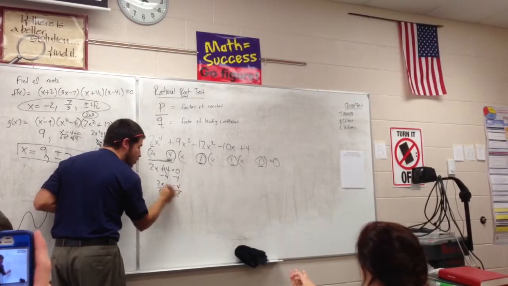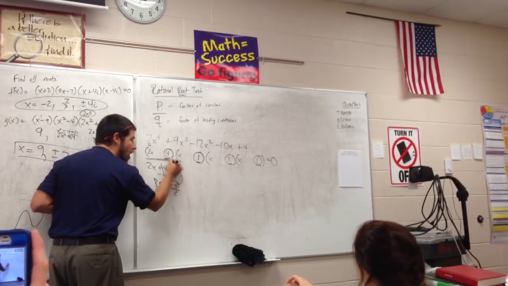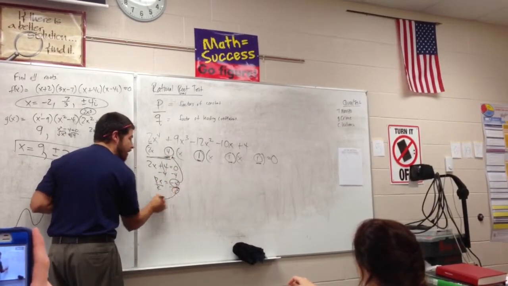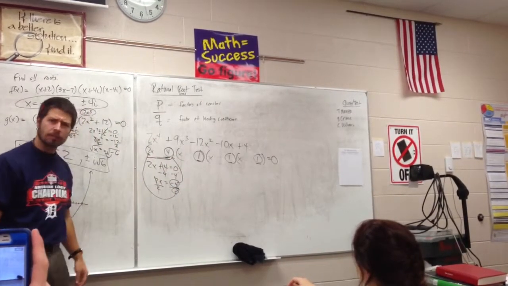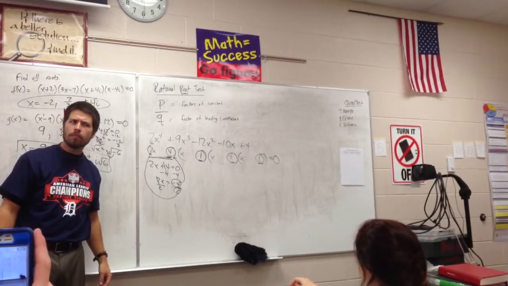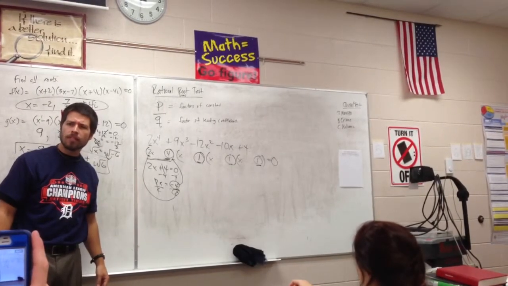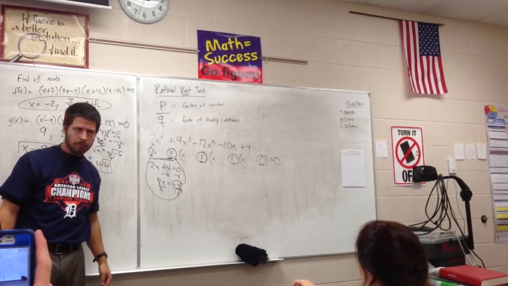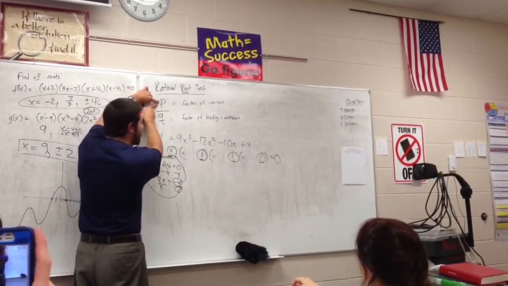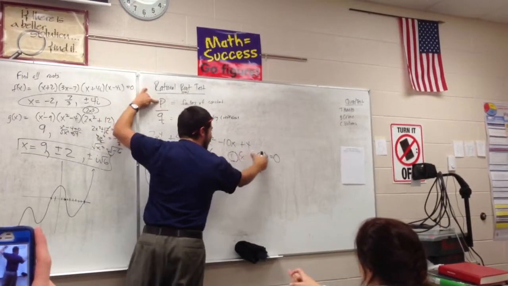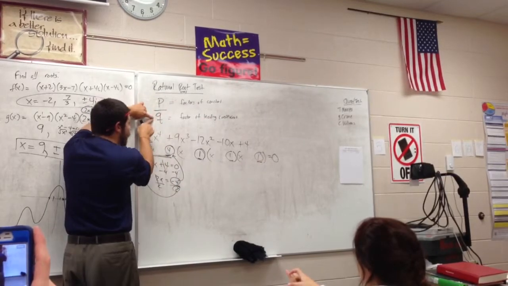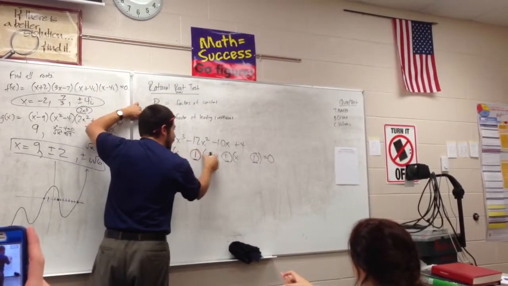When I divide by 2, right? This is the factor of the constant, and this number is the factor of the leading coefficient. Does that make sense to you? All the numbers that are on the top here are all of my factors of my constant. All the numbers that are on the bottom are all the factors of the leading coefficient.